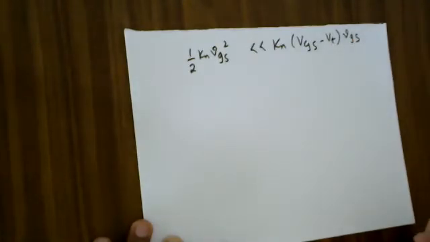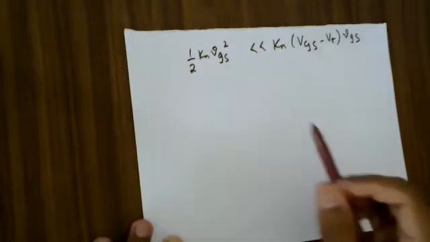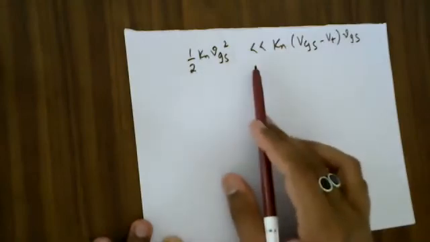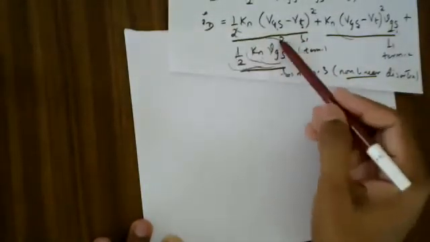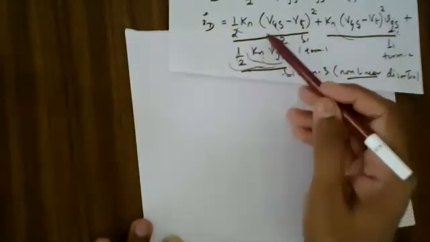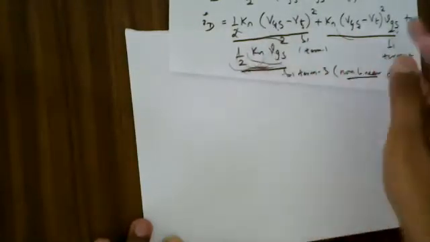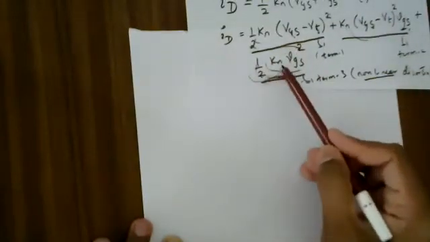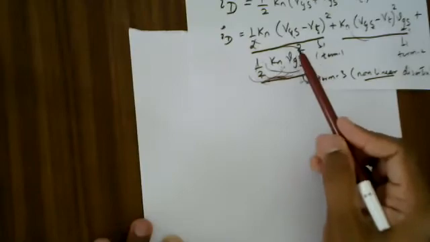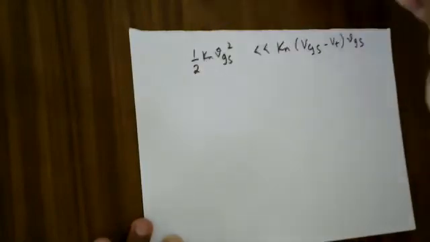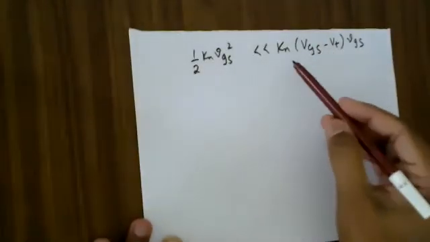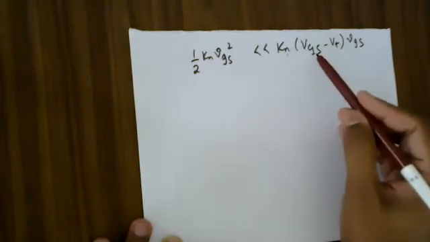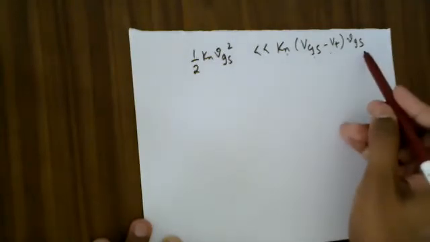Is it clear to you? I am simply saying that if I don't want this term in my equation, then this term, 1 by 2 times Kn into vgs square, should be much less than Kn into (VGS minus VT) into vgs.